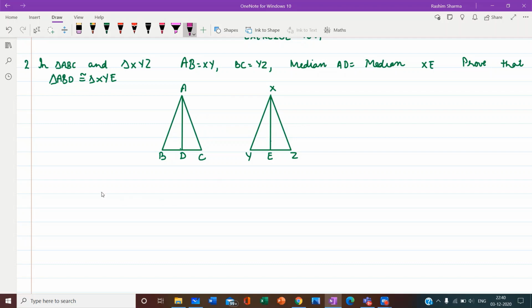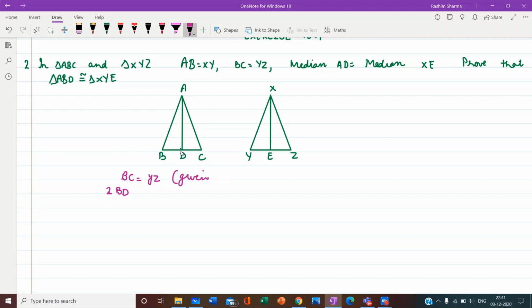Alright, so here we are given side BC is equal to YZ. This is given equal, but we need BD only. So we can write BC as 2 times BD, because if AD is the median, median means a line from the vertex to the midpoint of the opposite side.